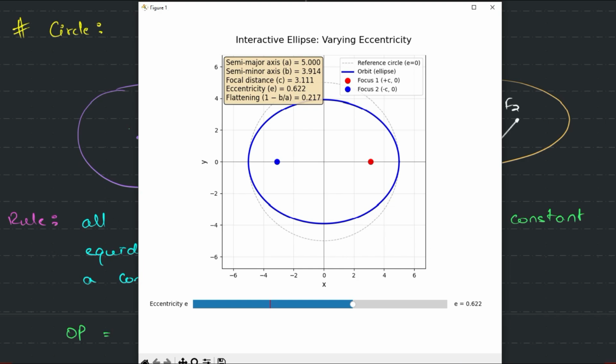Along with this, we need to know a few more things about the ellipse. One is the major axis, the semi-major axis and the semi-minor axis. The semi-major axis is the longest radius. So this is the longest, and the semi-minor axis is the shortest radius.